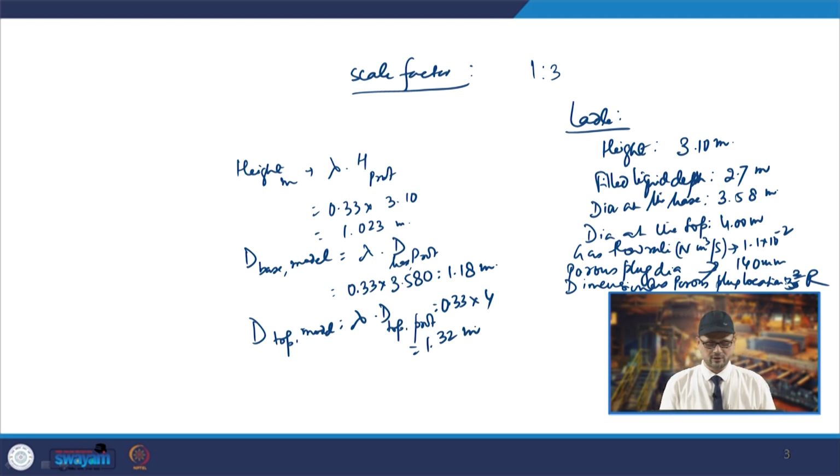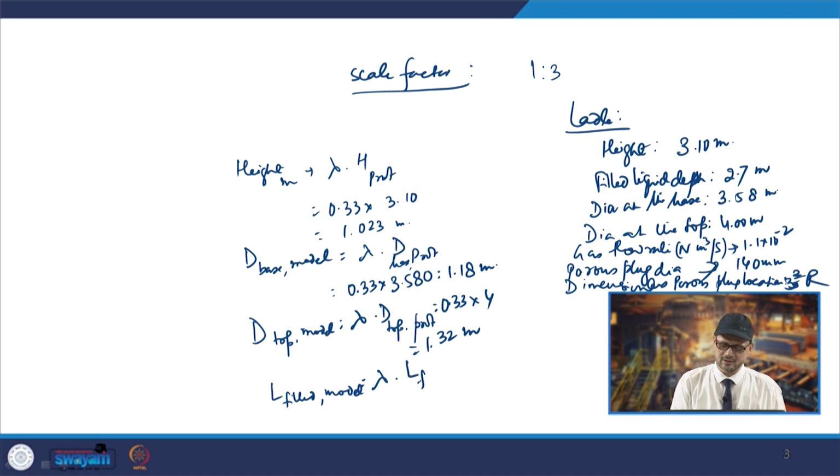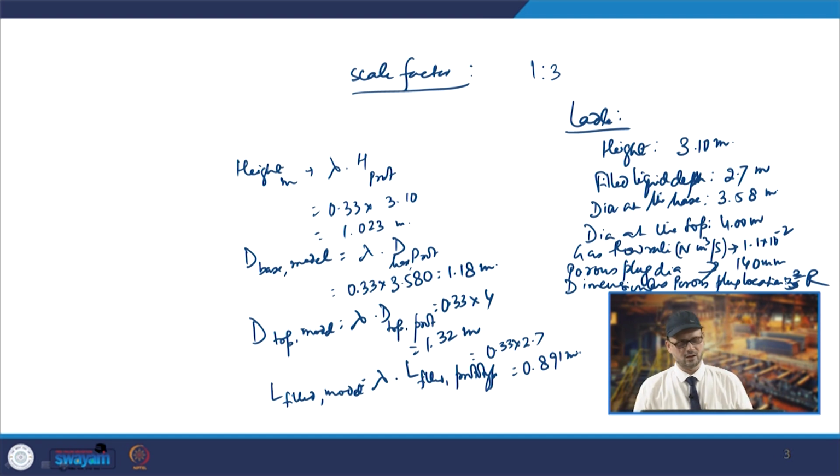Similarly, for the height up to which liquid is filled in the model, it will be lambda times the liquid fill height of the prototype, which is 2.7. So it will be 0.33 into 2.7, which is 0.891 meter.